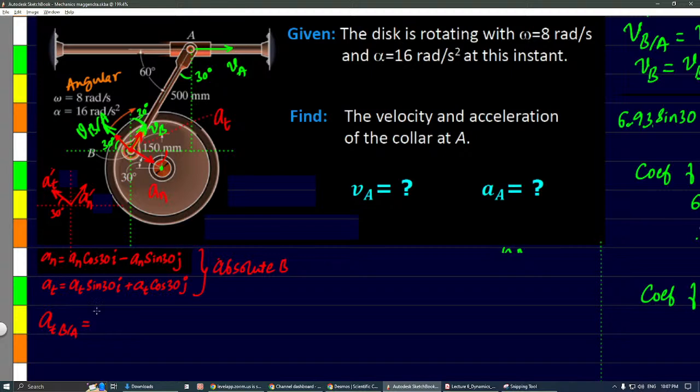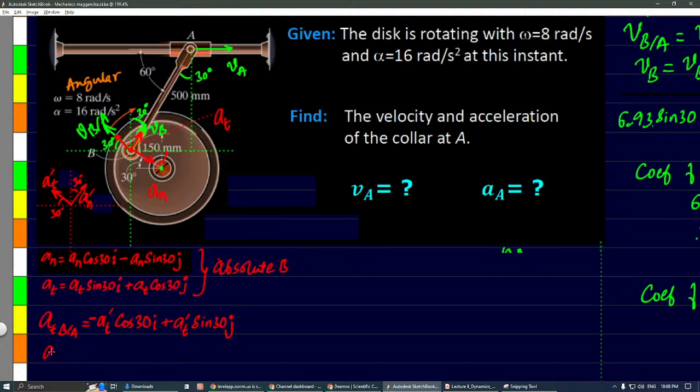This angle here is 30 with horizontal. Normal AN angle is 30 degrees with vertical. So tangential components, AT dash: minus, because it is going backwards now, minus AT dash cos 30 of i, then upwards, so plus AT dash sin 30 of j.